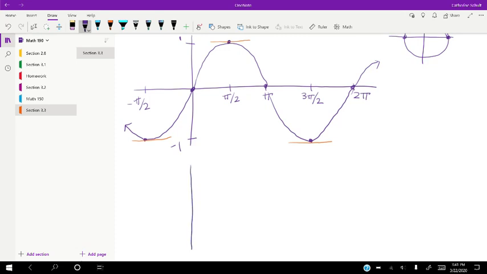Okay, so we're graphing the derivative of our sine function down here. And we have all these zeros. So it looks like on the derivative, we'll have a 0 at pi over 2. So let me write all of our same axes.